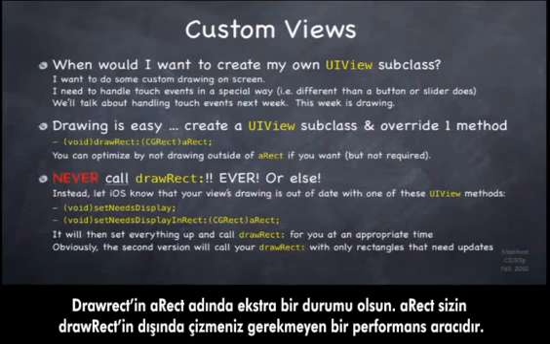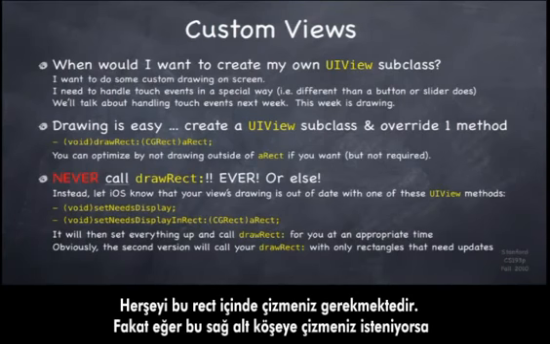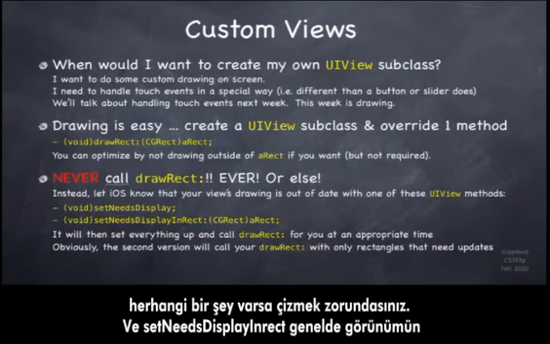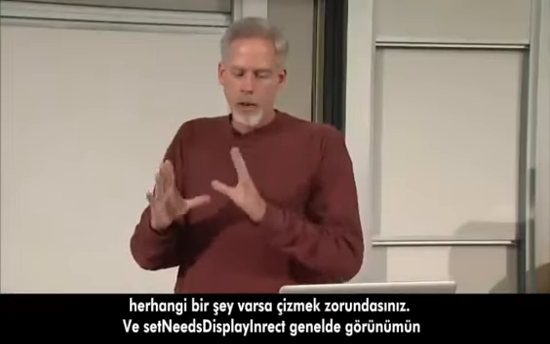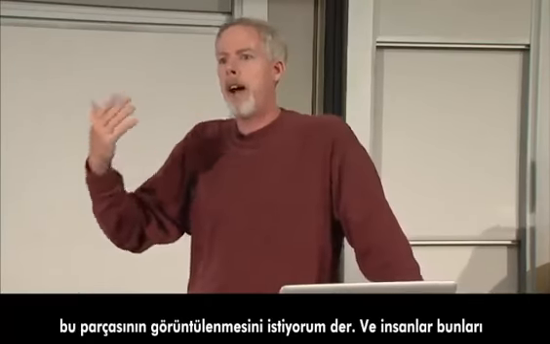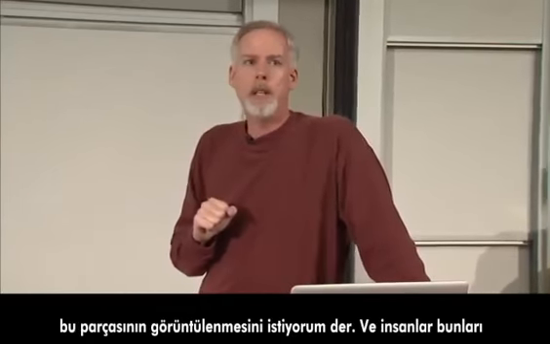Notice that drawRect has this extra little argument, which is aRect. aRect is kind of a performance thing where inside your drawRect, you don't have to draw outside of aRect. You have to draw everything inside that rect. But if you're only being asked to draw the lower right corner of your view and you've got something complicated in the upper left corner, you don't have to draw that. But anything that crosses into aRect, you have to draw. And so setNeedsDisplayInRect is basically saying, I need this part of this view to be displayed.